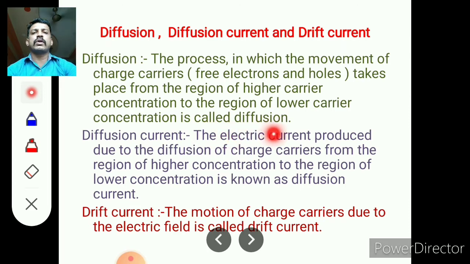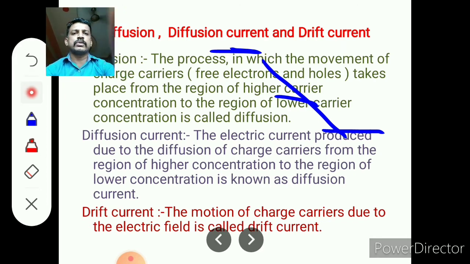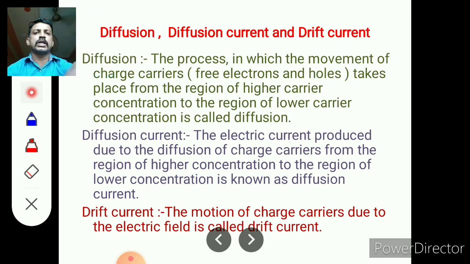Here we consider a higher level and a lower level, and the charges are moving from the higher level to the lower level. Such a process is known as the diffusion process.